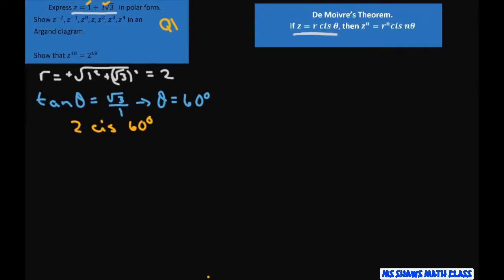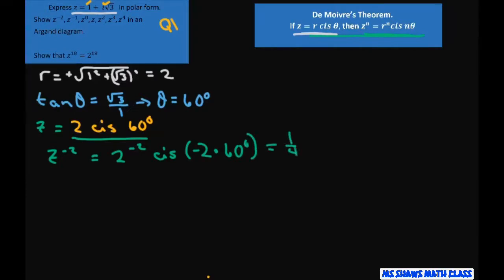So now we have to find z to the negative 2, and we're going to use this and DeMoivre's theorem. Basically, z to the negative 2 is going to be, using this formula here, 2 to the negative 2 times cis of negative 2 times 60 degrees. That's 1/4 cis of negative 120 degrees.